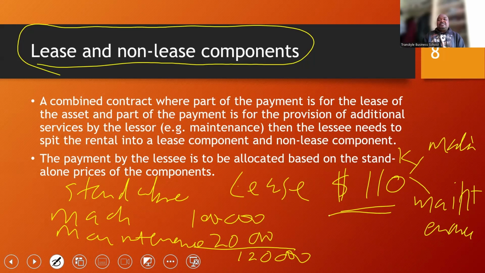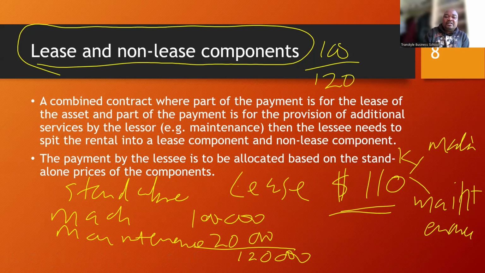I didn't want to use my tab, but I think I should use it now. Anyway, let me try to type. So the lease component in this 110 is going to be 100, which is the standalone cost for the machine, over 120, which is the total standalone price.